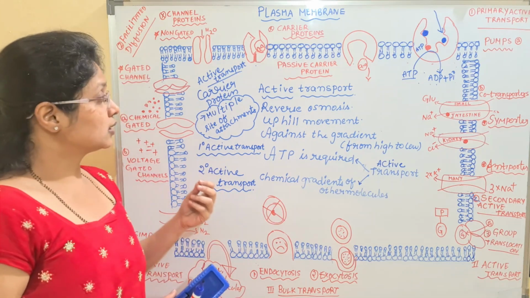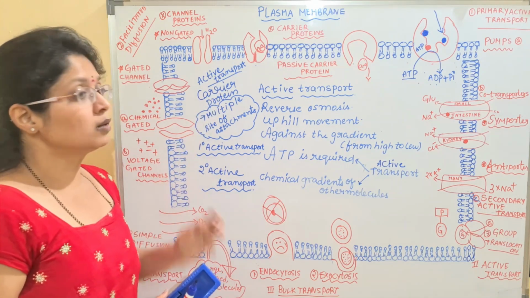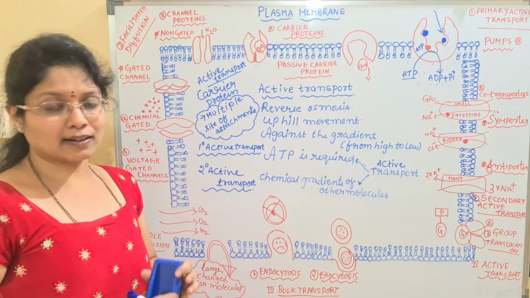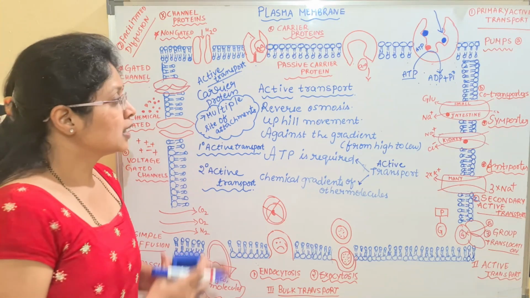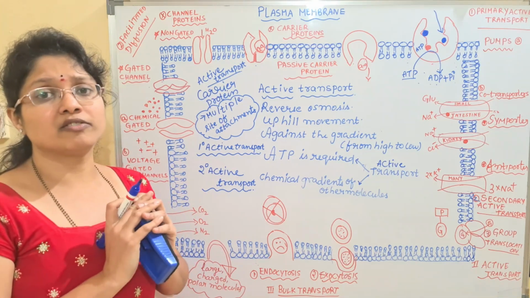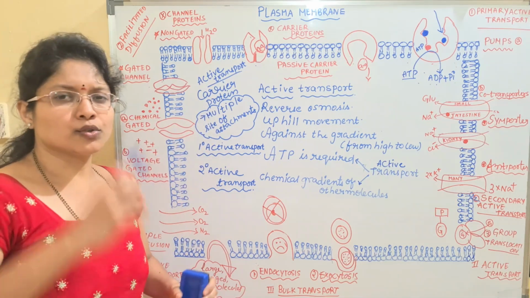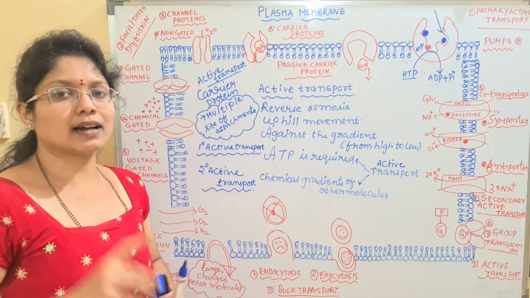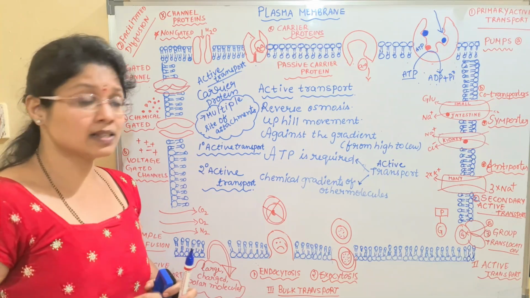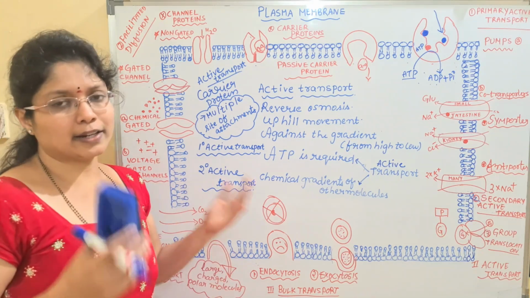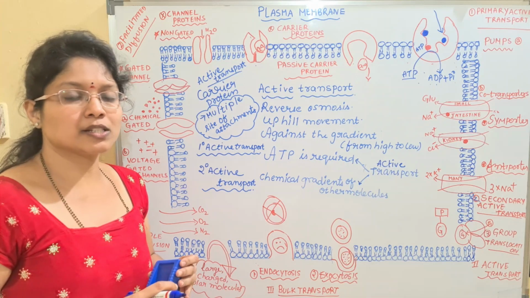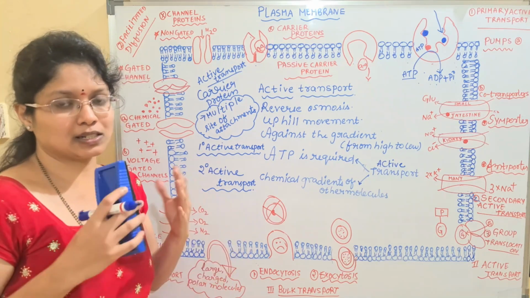The last important point here is regarding the protein which is involved in active transport. Basically, the one protein which is functioning for this active transport is the carrier protein. So all the proteins present in the active transport will come under these carrier proteins. All are carrier proteins, and these carrier proteins have conformational changes.